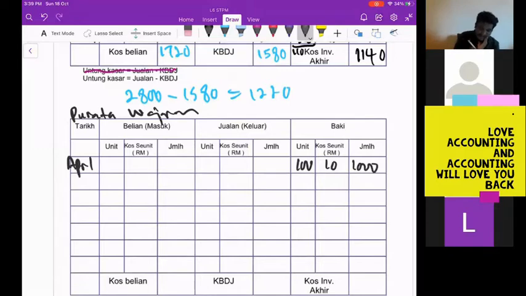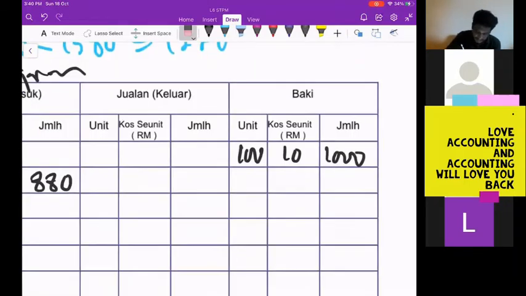After that, I buy on 10 April, I buy 80 unit, 11 ringgit, 880. So my balance here is 100, 10, 1000. Sorry, I need to write bigger a little bit.